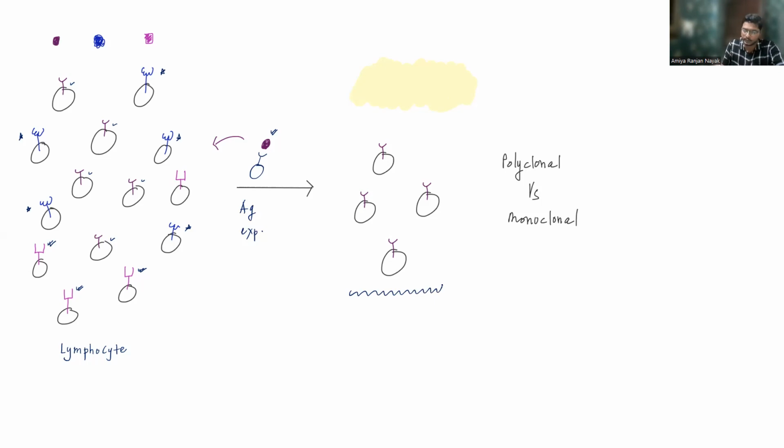This process is known as clonal selection. That means the clone of lymphocytes that have a receptor for that particular antigen is selected. Now these lymphocytes will be activated, and they will produce the immune response against that particular antigen.